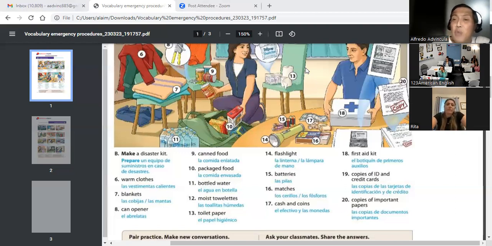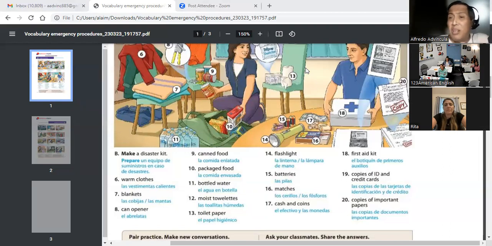This is also the same for number 20. Number 20, copies of important papers. So if there's some kind of emergency, you have to quickly leave your house.